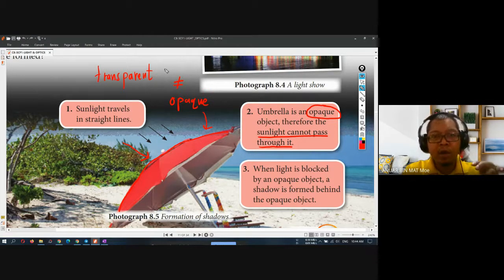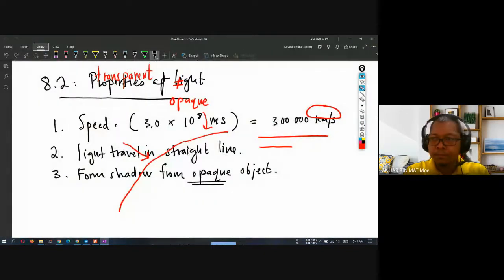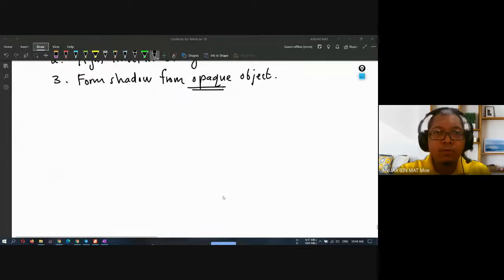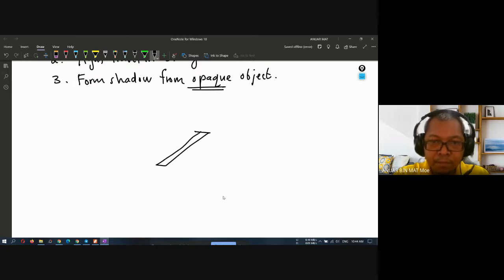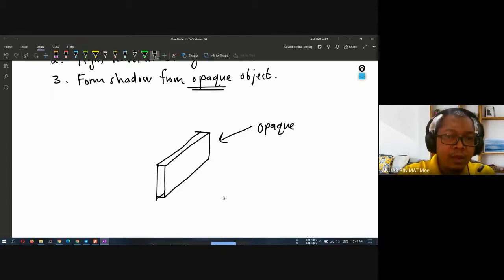And what happens when the light cannot go through the opaque object? It will form a shadow. For example, like this. If you have an opaque object over here, and there is sunlight, I just draw three lines to represent the lights.